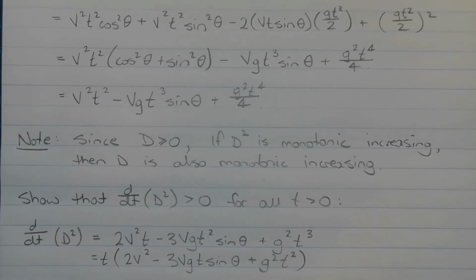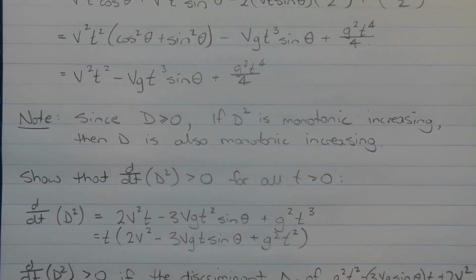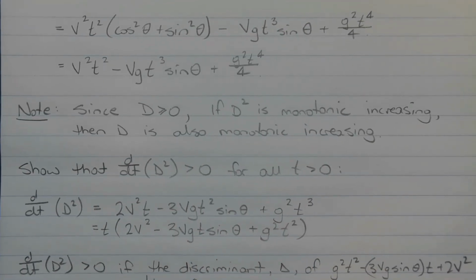So differentiating d squared with respect to t, we get 2v squared t minus 3vgt squared sin theta plus g squared t to the power of 3. And we can factorise out t from all three terms, and that gives us t times (2v squared minus 3vgt sin theta plus g squared t squared).